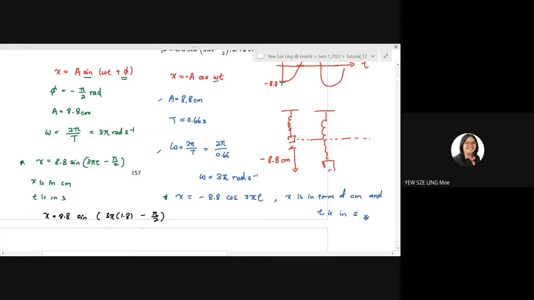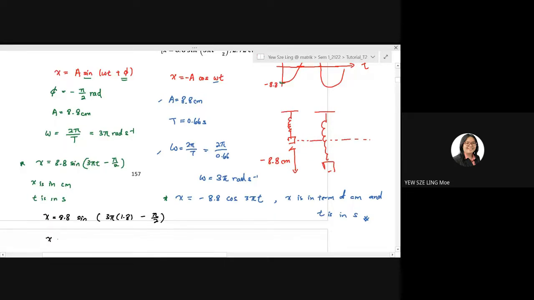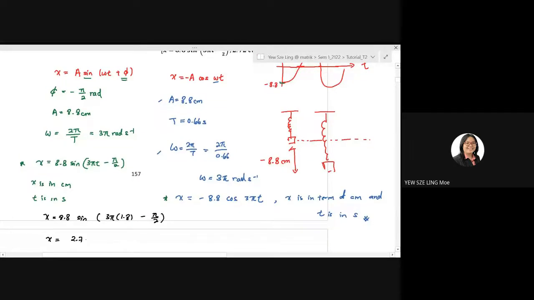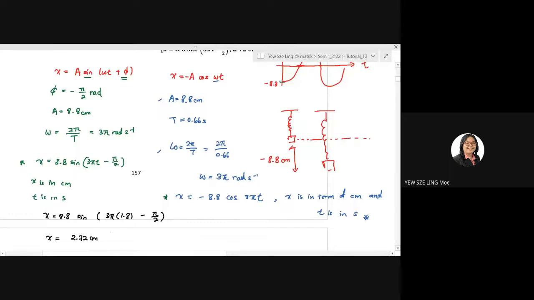Remember, when it comes to chapter 9, the mode in your calculator should be in radian. So x is then equal to 2.72 cm. If you use cos, you will still be getting the same answer. So x is equal to 2.27 cm.